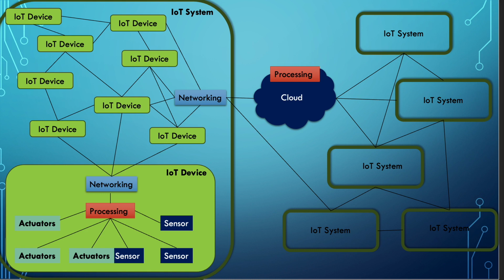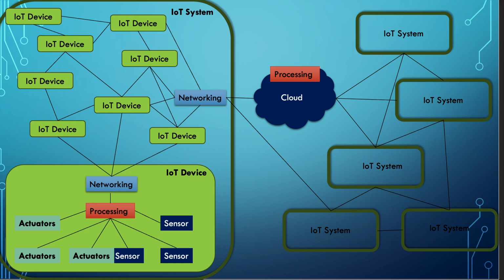But I wanted to give your attention to this because it gives a brief understanding of what an IoT device is, how a set of IoT devices creates an IoT system, how these systems talk to each other, and how the automation takes place, and we can see the characteristics in this diagram itself.